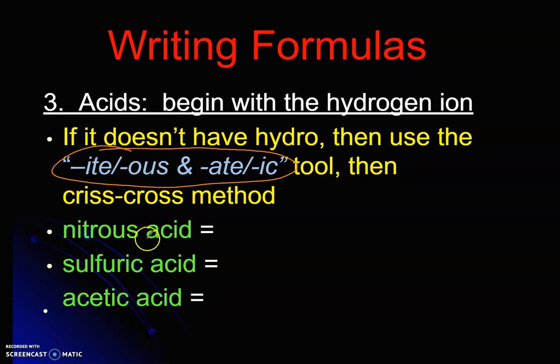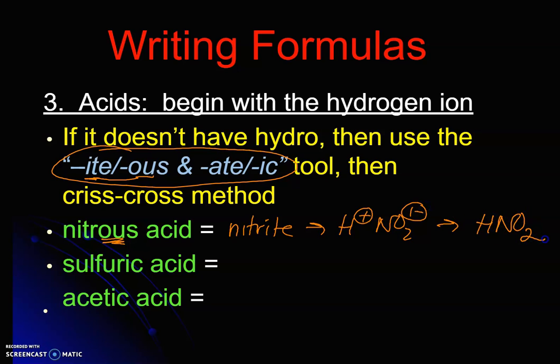Okay, so nitrous acid. Nitrous means it comes from nitrite. So if you have to write down nitrite, that's okay. H plus and then nitrite, NO2 1 minus, and then the 1 plus cancels out the 1 minus. We get HNO2.